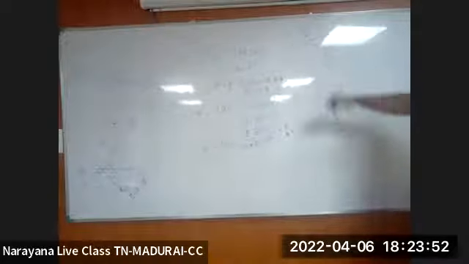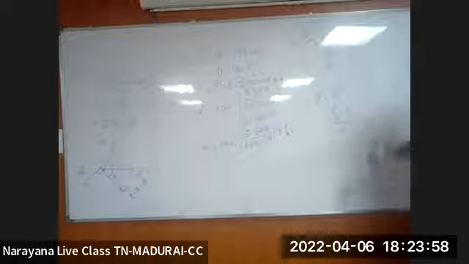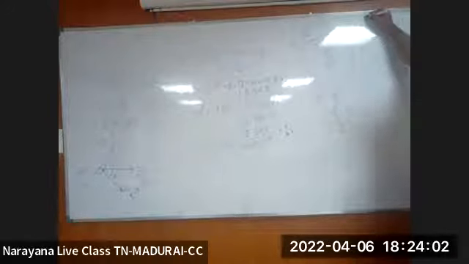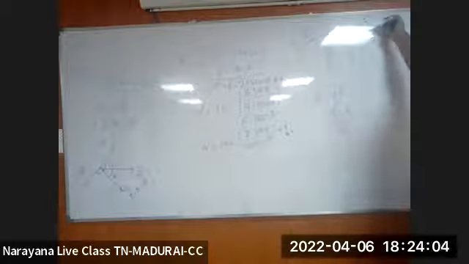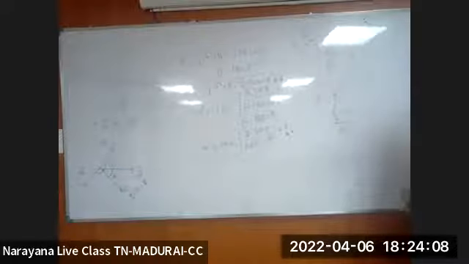What is the final velocity vector here? V2 is like this only, no? This is V1 only, no? This is plus V1, but I want minus V1. So draw the minus V1.